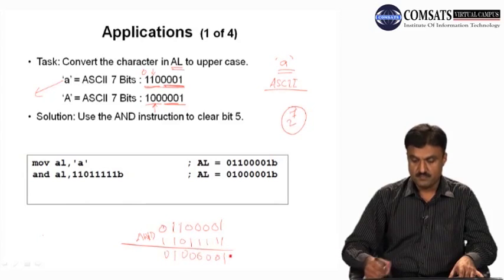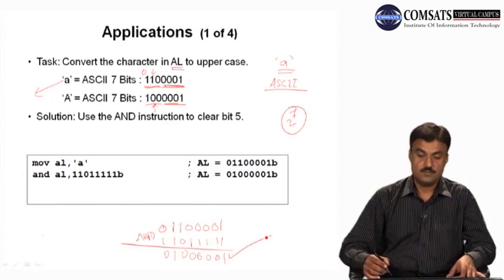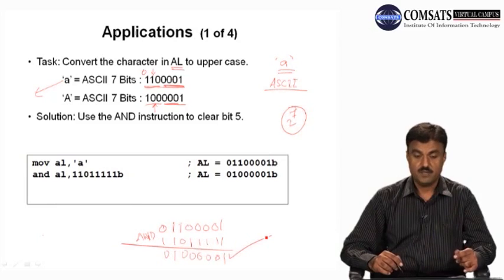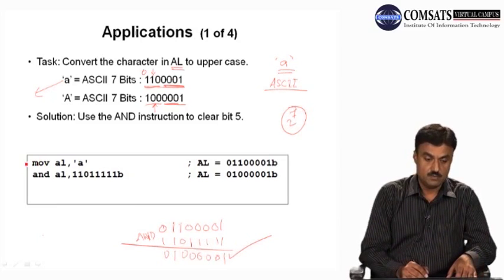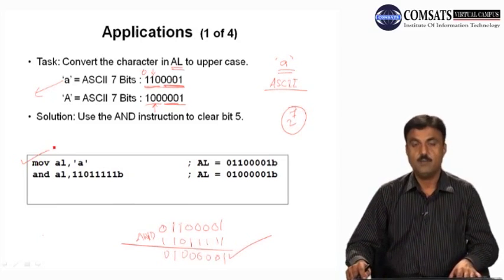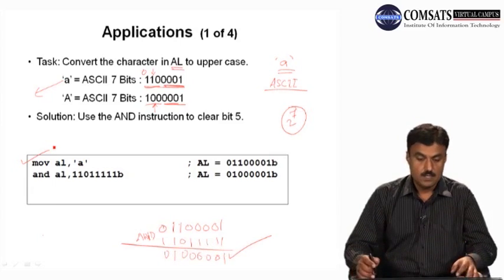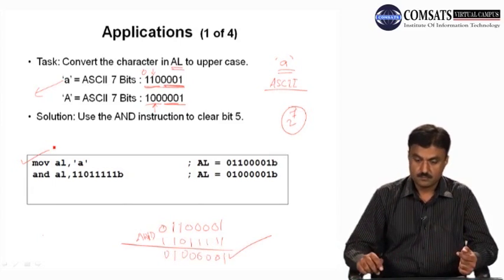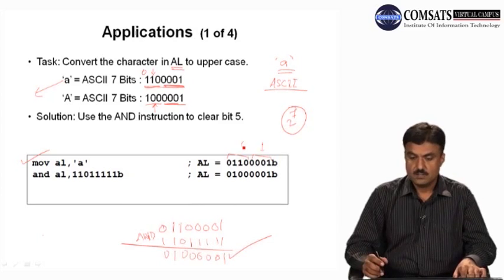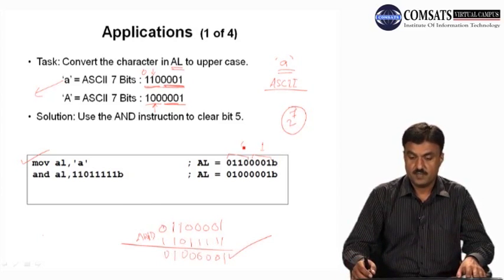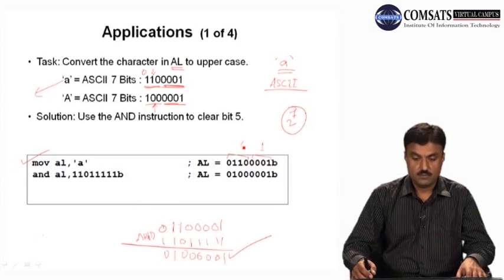So now this ASCII code is for the capital A. We use the AND instruction to clear bit number 5. For example, if we use MOV AL, 'a', the character a, then AL will be equal to this value. In hexadecimal, 61 will be for the small a.